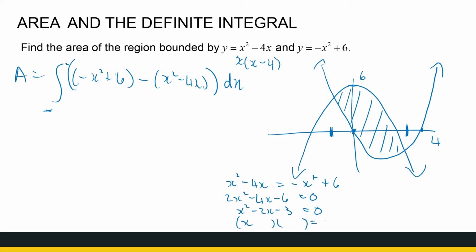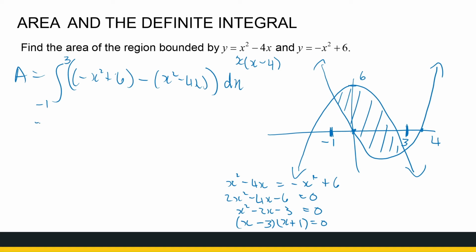Factorize that, and I've got a 3 and a 1. It's a minus 3 plus 1. So it intersects where x is equal to 3 and x equal to minus 1. And that looks reasonable if I look at my sketch. So it's my integral from minus 1 to 3. So that's what I'm looking at.